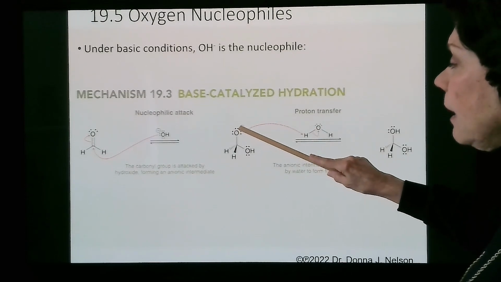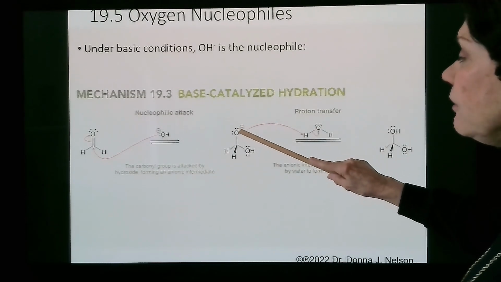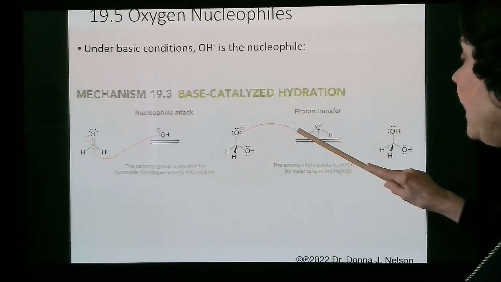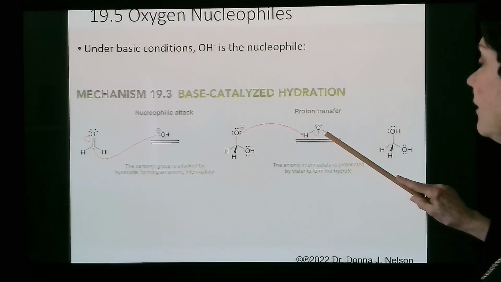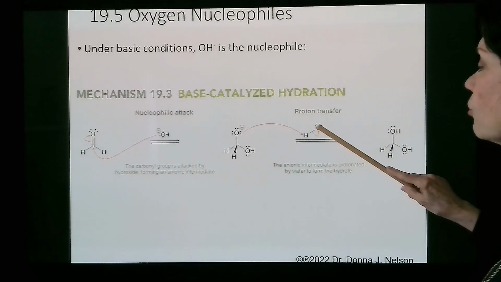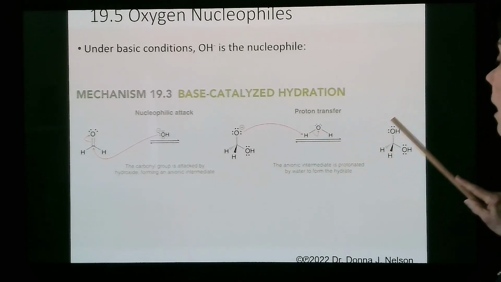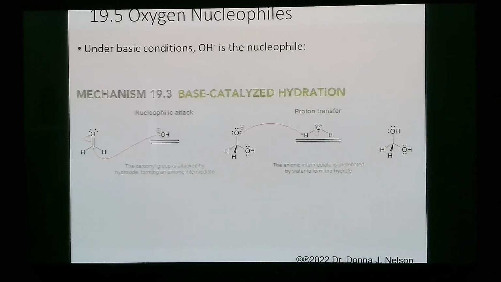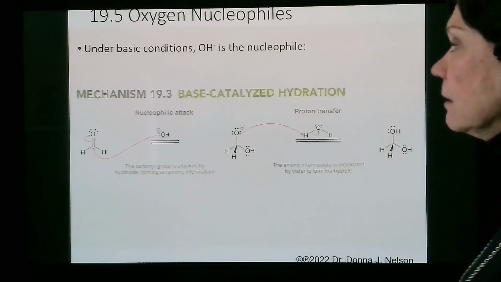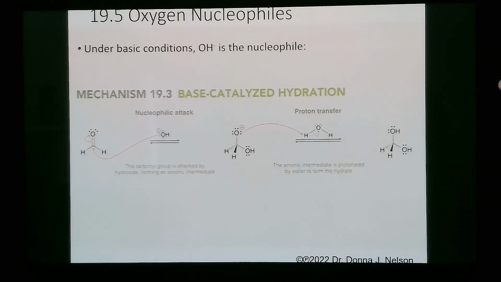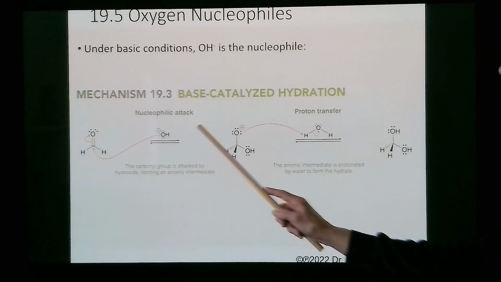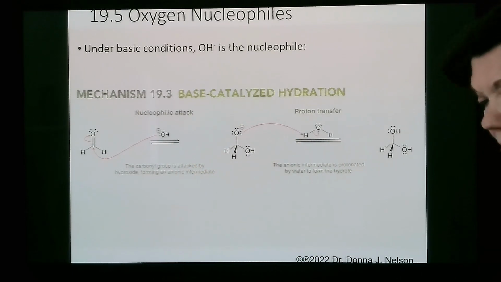One of the non-bonding pairs on this negatively charged oxygen picks up a proton, and the pair of electrons in the OH bond moves on to oxygen, regenerating hydroxide. And so this is how the hydrate is formed from the carbonyl. This is the mechanism under the base catalyzed hydration. Just a small amount of base is all that's needed because you can see it is a catalyst.